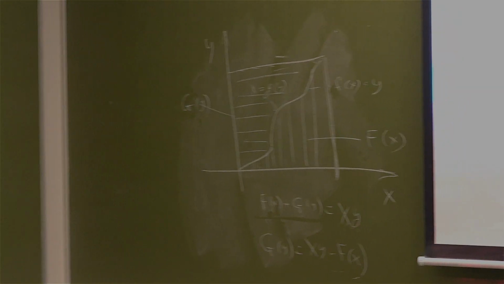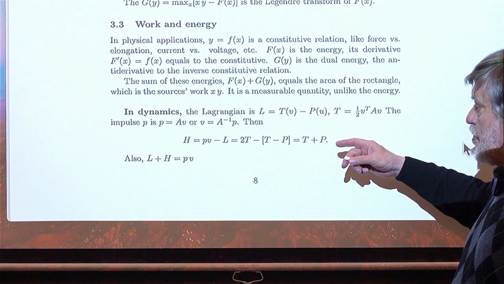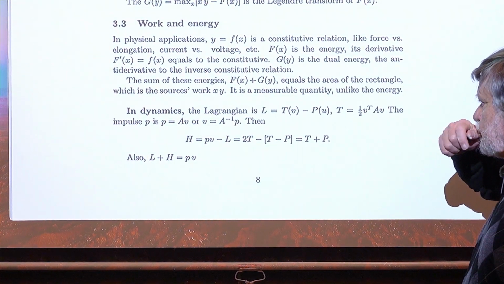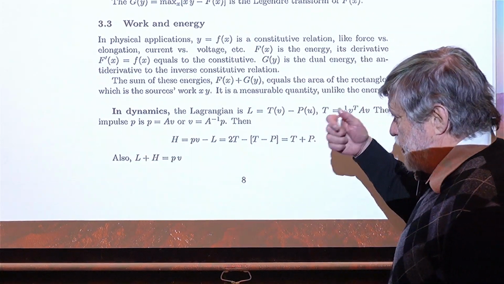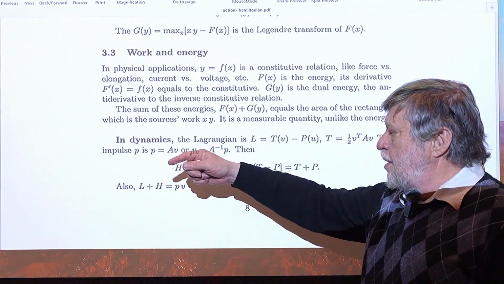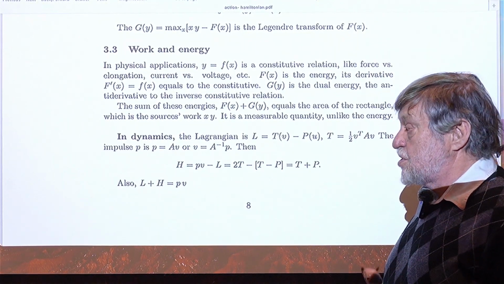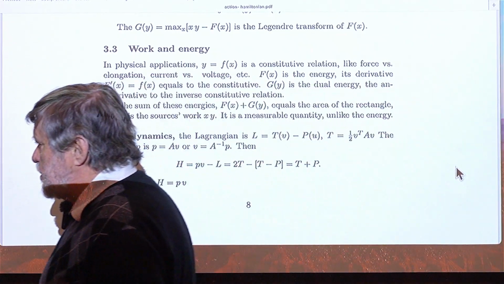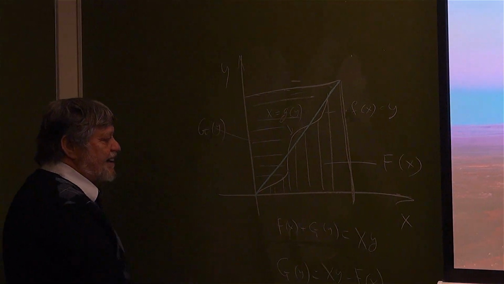Now, finally, in dynamics, the dual variable P, which is the analog of Y, depends linearly on the variable V, which is the analog of X. So in dynamics, this curve is straight.